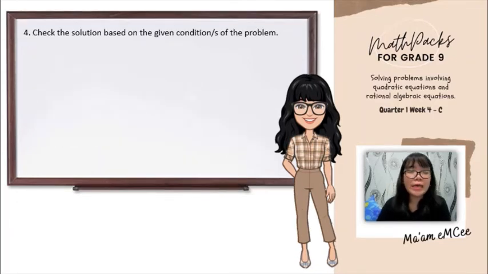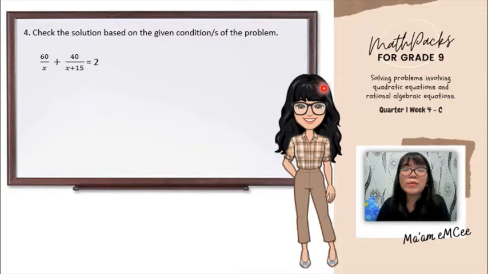So next step, check the solution based on the given condition or conditions of the problem. So we are going to go back to our original equation, sa aton nga working equation, which is 60 over x plus 40 over x plus 15 is equal to 2.